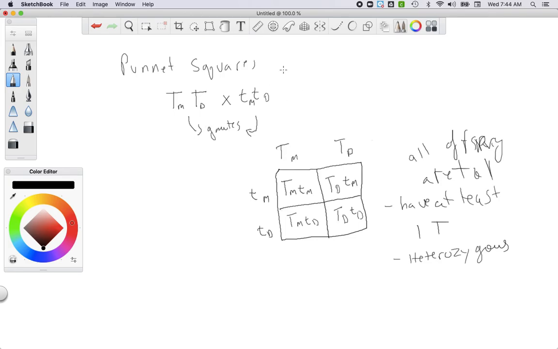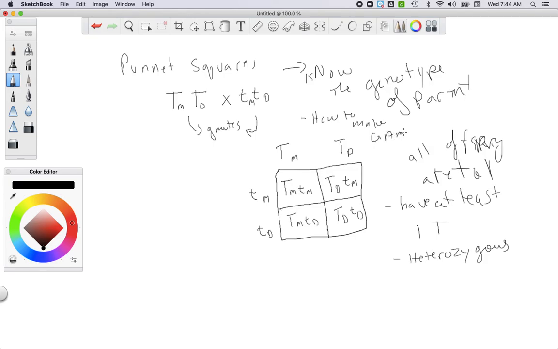So to do a Punnett square, you need to know the genotype of the parents, and you need to know how to make gametes.